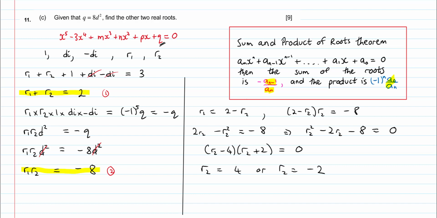So our two roots then, I'll just pick this one here, I'll call that one root 2, so that means root 1 is going to be negative 2. So our two roots are root 1 is equal to negative 2 and root 2 is equal to 4. Okay, and that is question 11c.